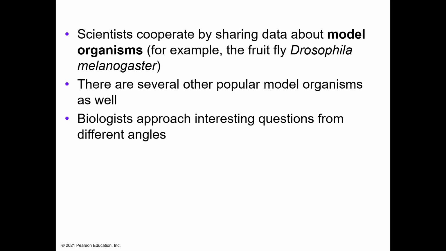At least for animals, one of the common model organisms is the fruit fly, Drosophila. One of the common model organisms for plants is the Arabidopsis plant, which is a very small, unsuspecting plant. It's not just like the fruit fly.